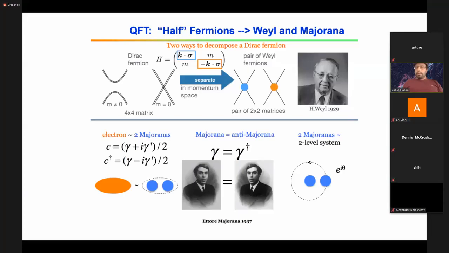If you split Dirac fermions in 3D, you'll get Weyl fermions, because Dirac fermions in QFT are made of a pair of Weyl fermions, chiral and antichiral. And you can also think of other solutions to the Dirac equation, like a real solution to the Dirac equation, meaning Dirac fermions that are their own antiparticle.